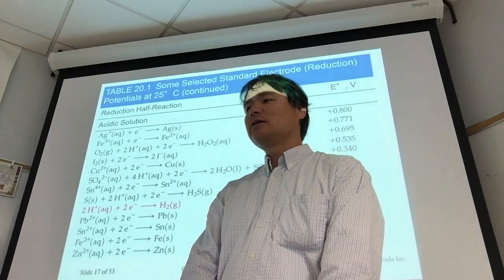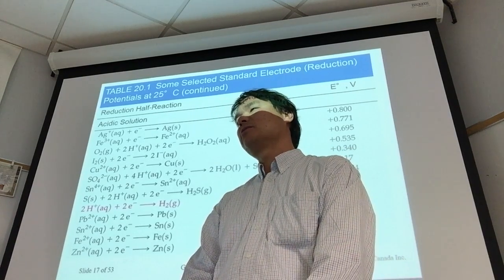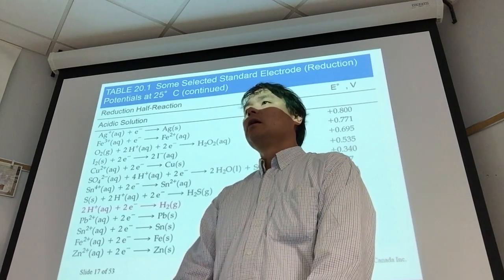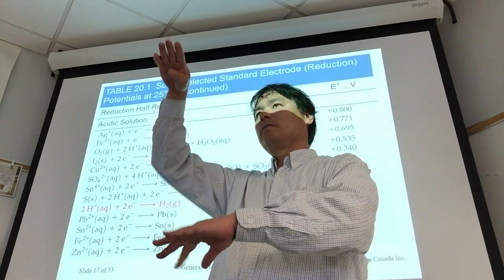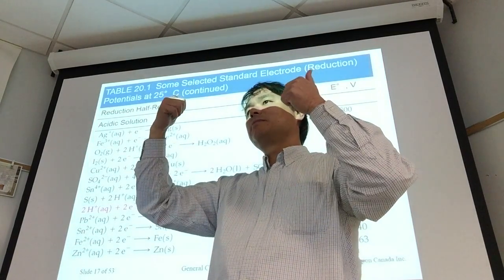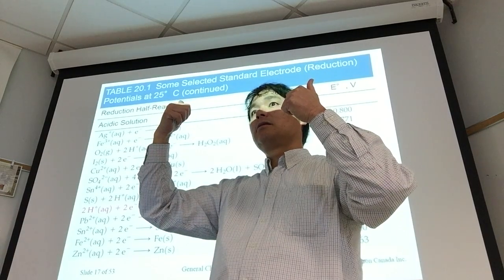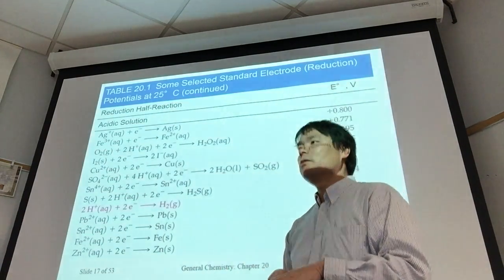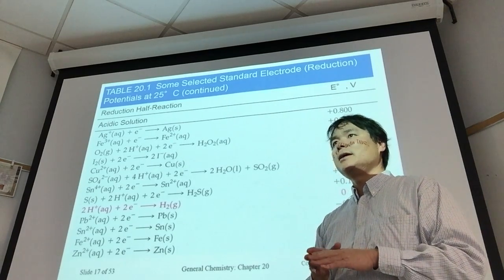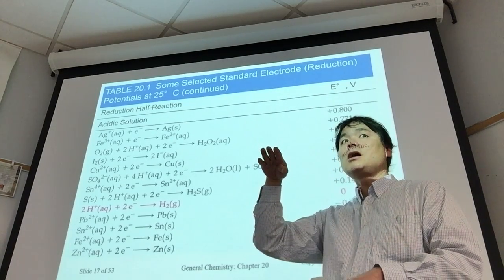The reason I don't like to do the negative of the reduction potential is this: the higher the oxidation potential, that is, the more positive the oxidation potential is, the more likely it is to be oxidized.